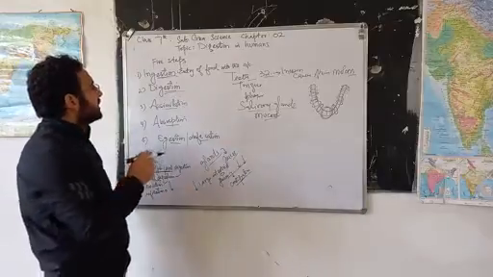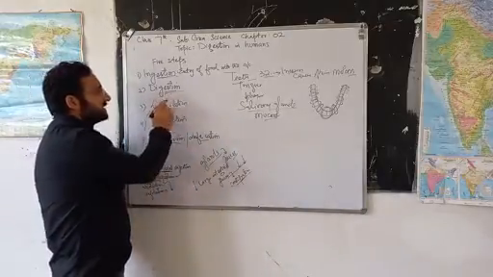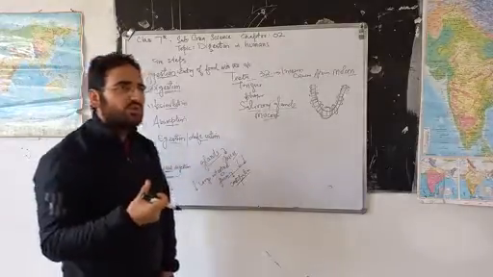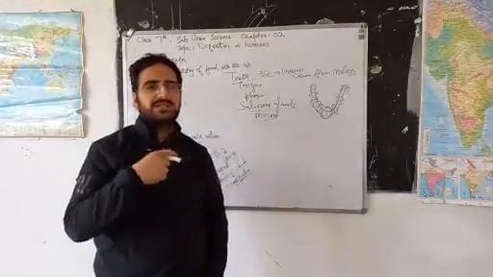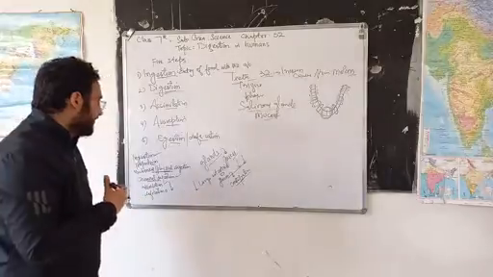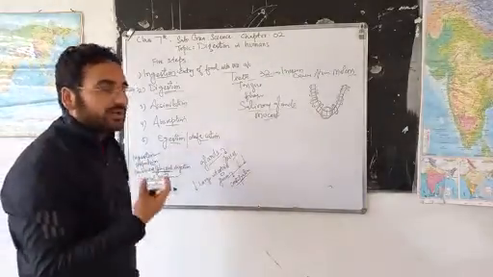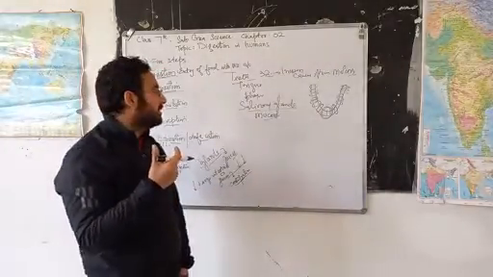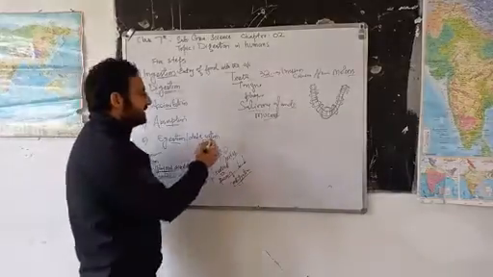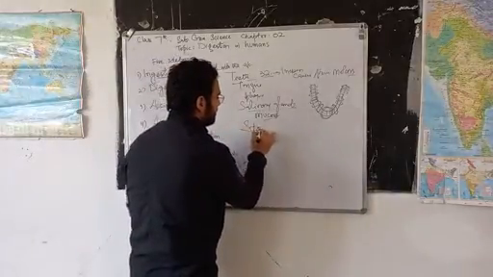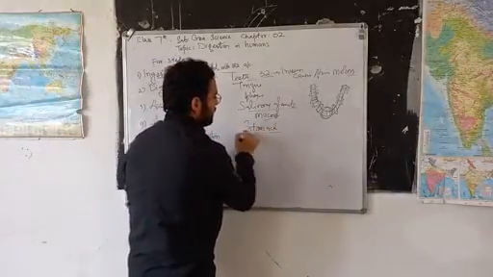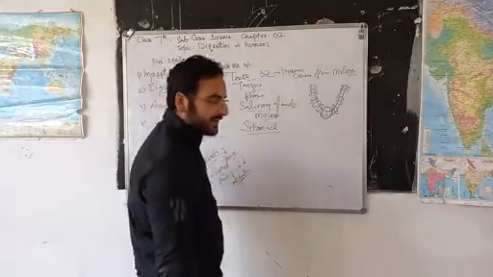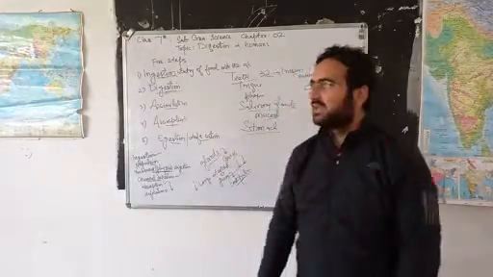The second step is digestion. When this food reaches the stomach, it is physically and mechanically broken down into smaller particles. In the stomach, first of all, it secretes HCl, hydrochloric acid.